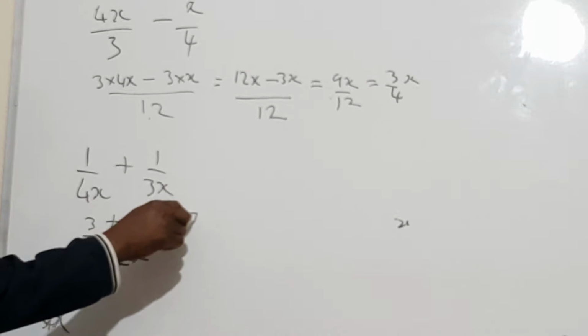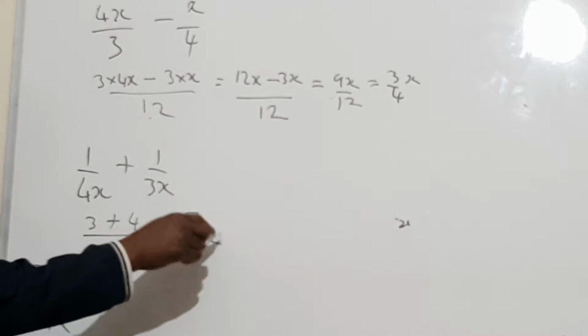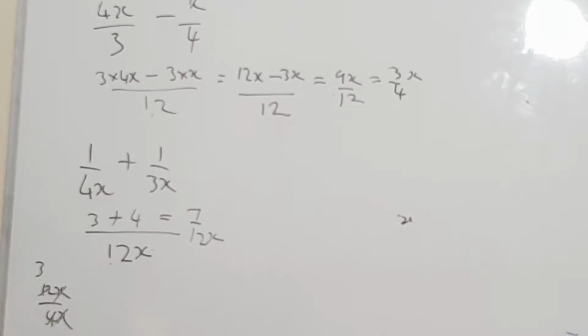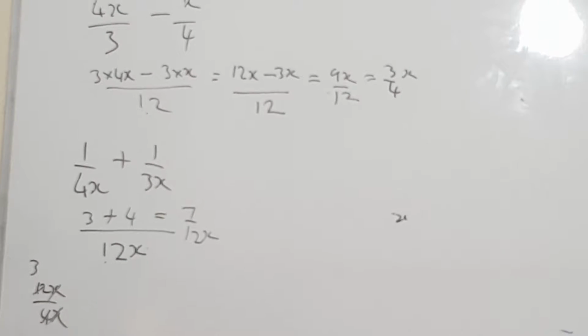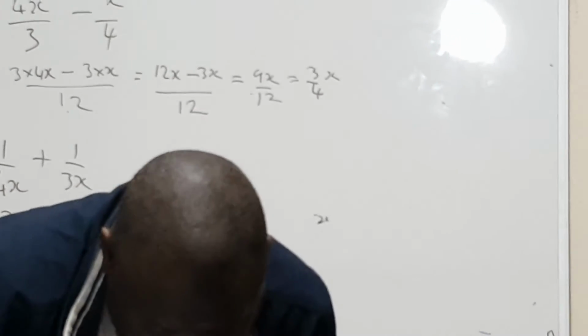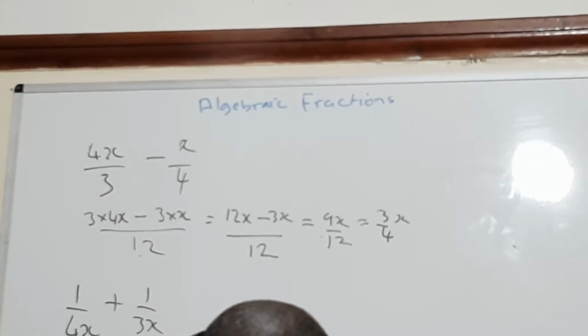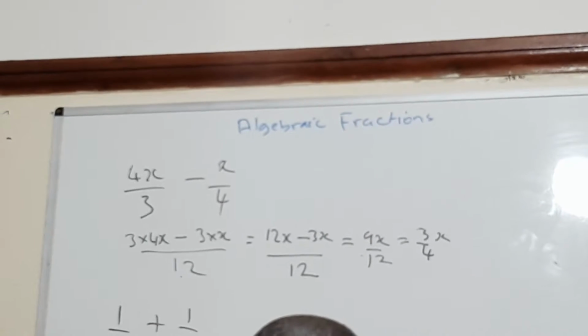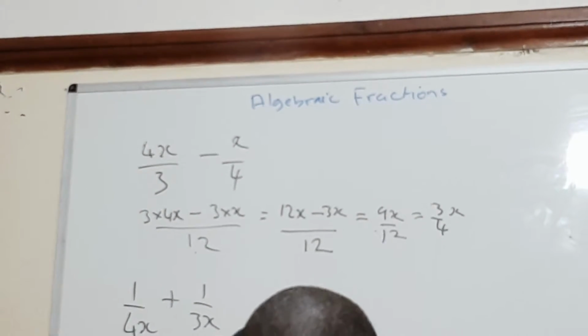So this will be 7 over 12x. So don't be fooled by that. Some people will put x squared and that will be wrong. Shall we do more examples?